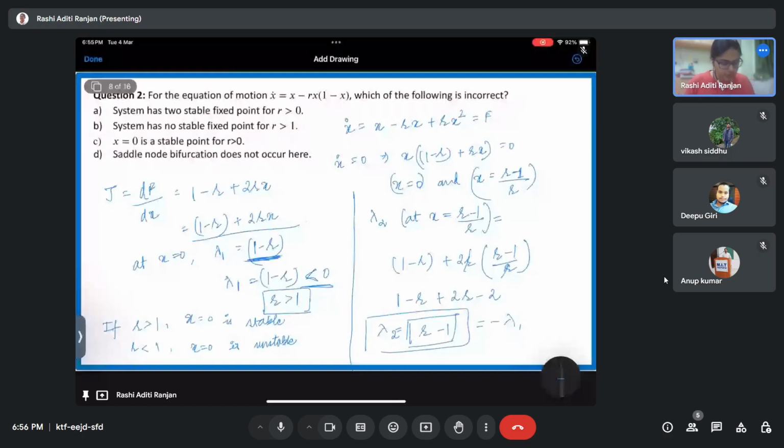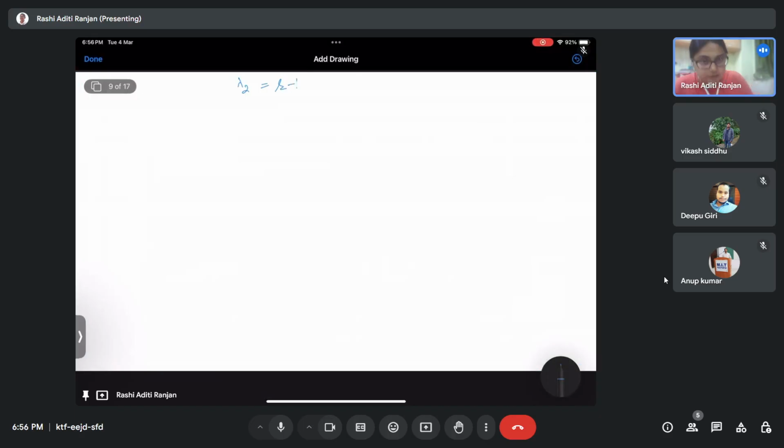Let us see. Okay, I'll just add one more slide. So I have lambda 2 equals r minus 1. If I now want my x2 to be stable, my lambda 2 should be less than 0, or my r should be less than 1, right?